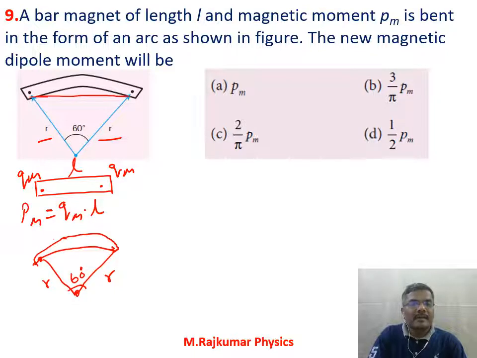If I find this length, I can calculate the magnetic moment of this magnet, which has pole strength Qm and Qm.